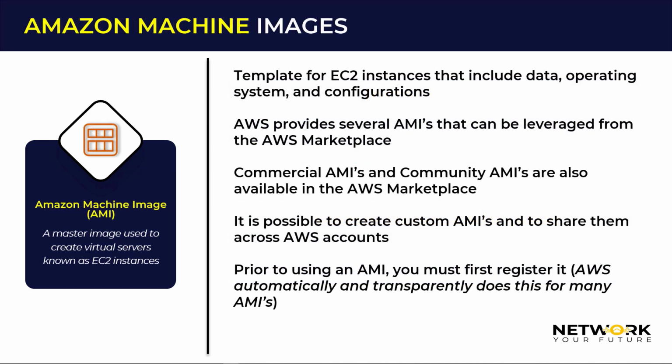Now let's take a look at Amazon Machine Images, or AMIs. An AMI is a template for an EC2 instance that includes the data, the operating system, and the configuration that would actually go on that specific instance. AWS provides many different AMIs that you can leverage, and we will see these in the AWS Marketplace in the very next lesson.